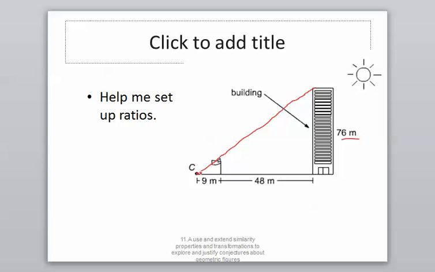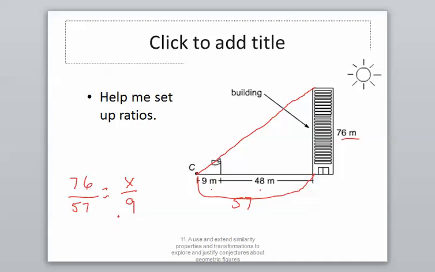So let's set up a couple of ratios. One of the ratios we could come up with is 76 divided by 57. Where'd the 57 come from? Well, I needed this whole triangle distance from here to here. And so I added 48 and 9 and got 57. And that's going to be equal to the height of the flagpole divided by 9. Now it's just a matter of working this out.